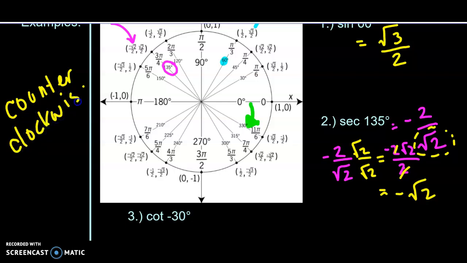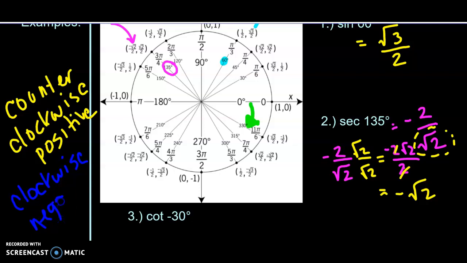Clockwise, in terms of our unit circle, is negative. So in this case, I'm going negative 30 degrees, so it'll be right here at 330, right?